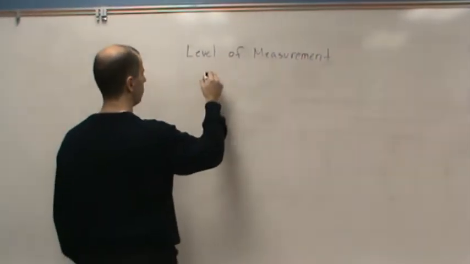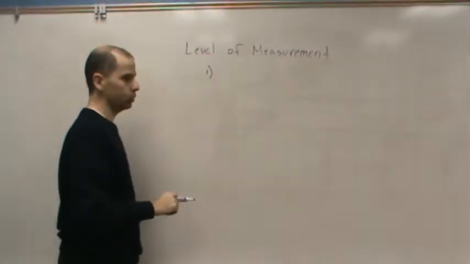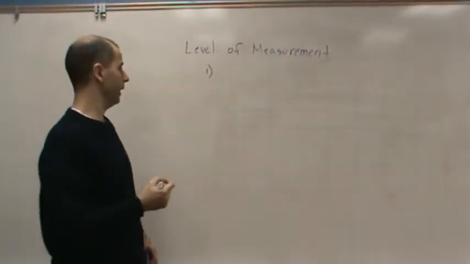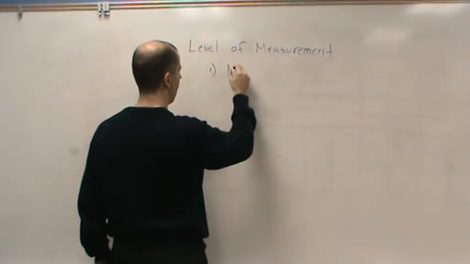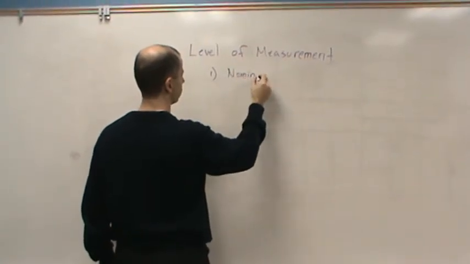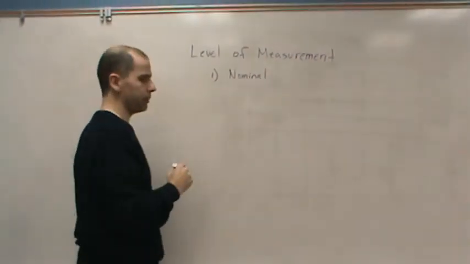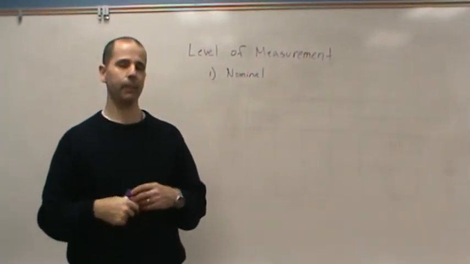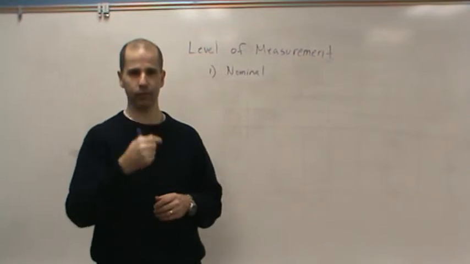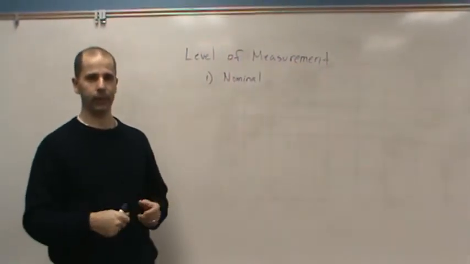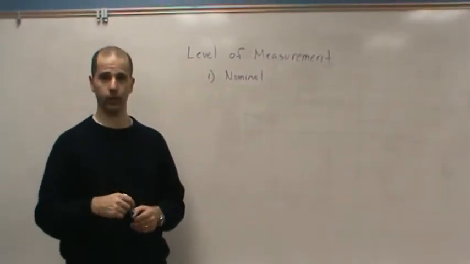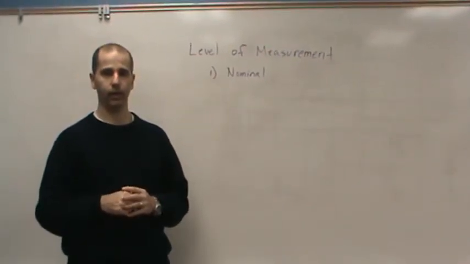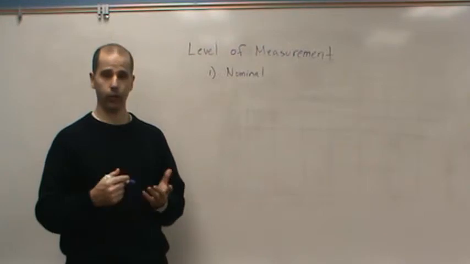The first level of measurement is only with categorical data. And that level of measurement is nominal. Something that has a nominal level of measurement means that it can't be ranked. It doesn't have any kind of rank to it. There's no order. It doesn't matter the arrangement of the different values of it.